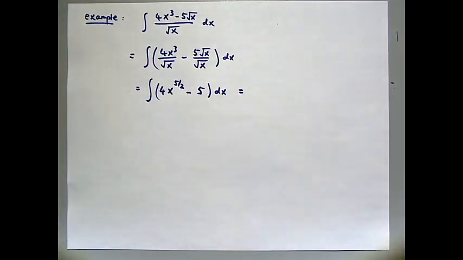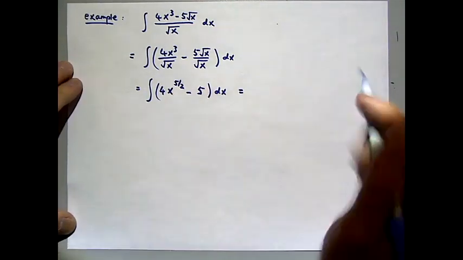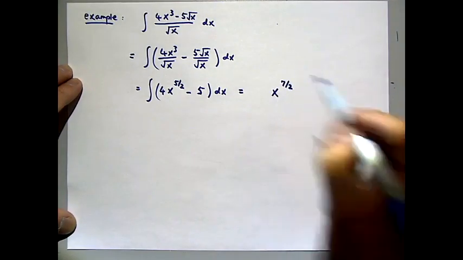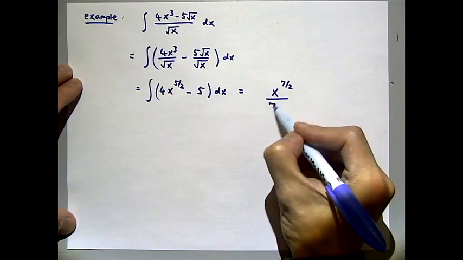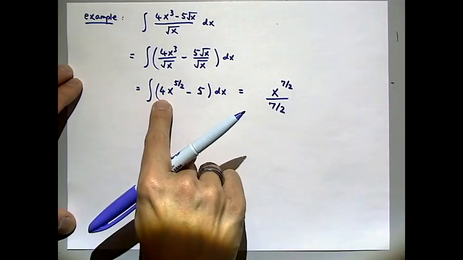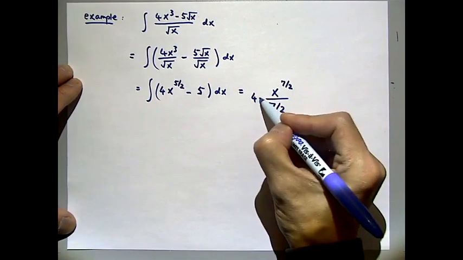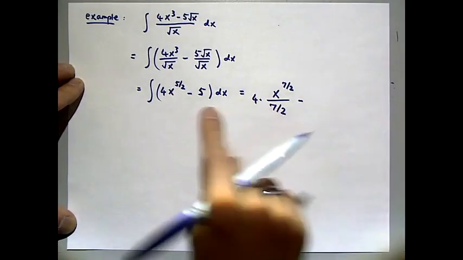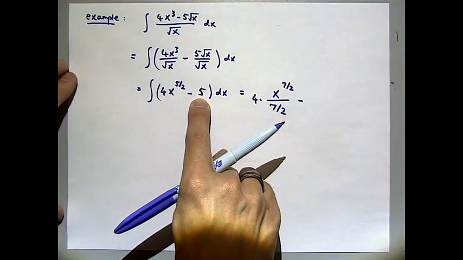Now we apply the power rule. We add 1 to the existing power divided by the new power. Don't forget that 4 that was sitting in front of it doesn't participate. And this 5 carried an x to the power of 0.